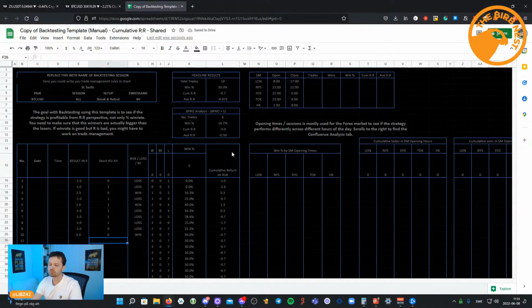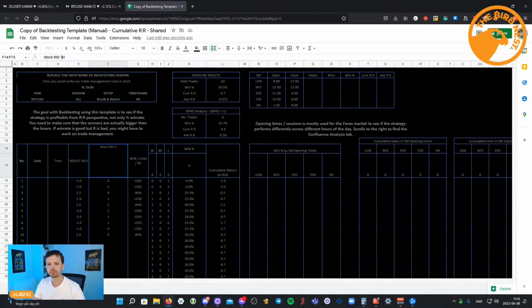Now let's look at the confluence tracker of the stochastics RSI. By using the stochastics RSI on the 4-hour as an indicator of confluence, our win rate is much worse. It's at 16%, and the cumulative R is 3. So taking the trades based on where the stochastic RSI on the 4-hour is makes no sense, right? Now let's try the 1 hour.